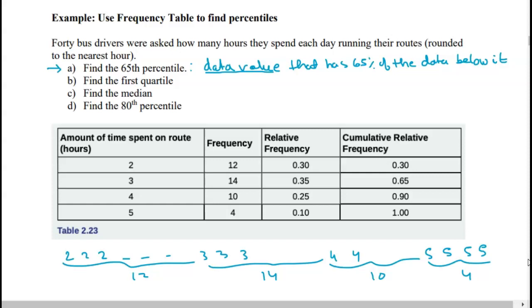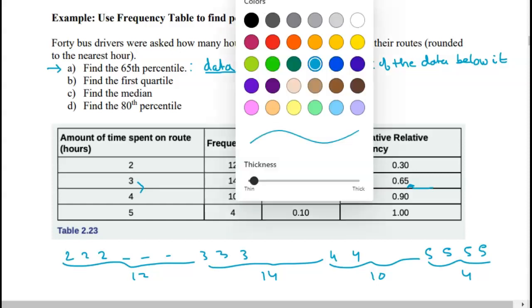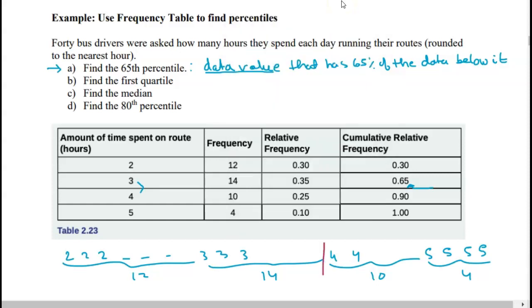So the 65th percentile is located right here, at the boundary between 3 and 4, because we have 65% of the data being twos and threes. So this is the 65th percentile right here.